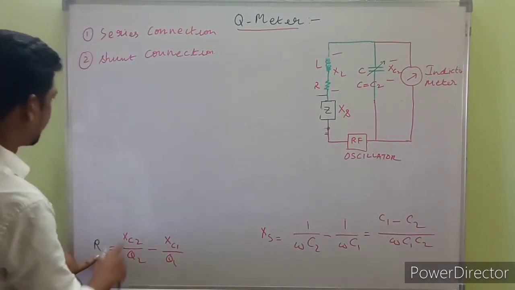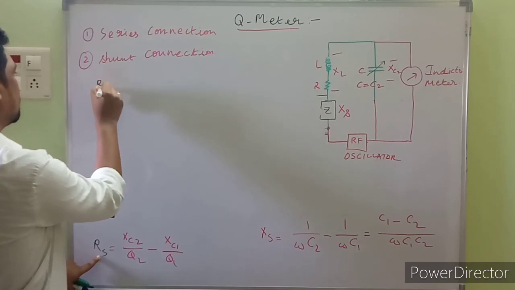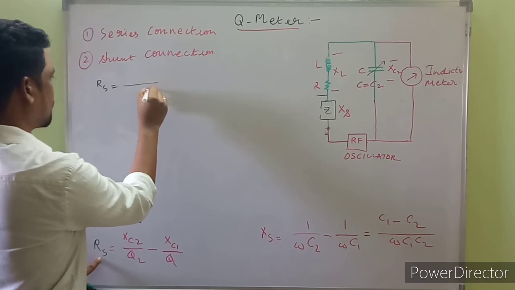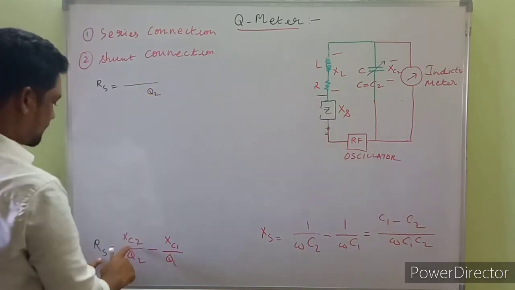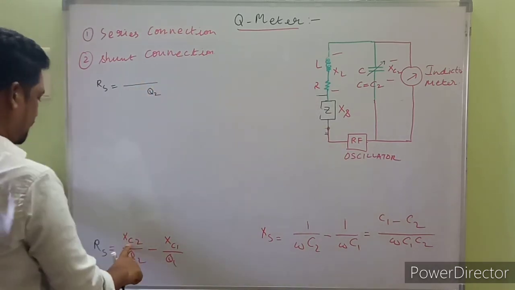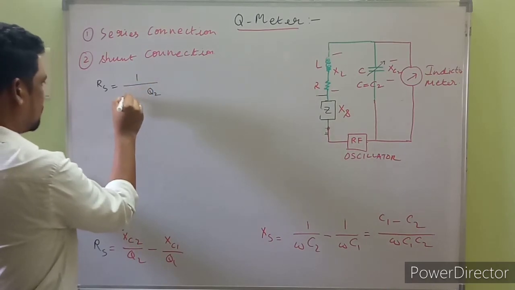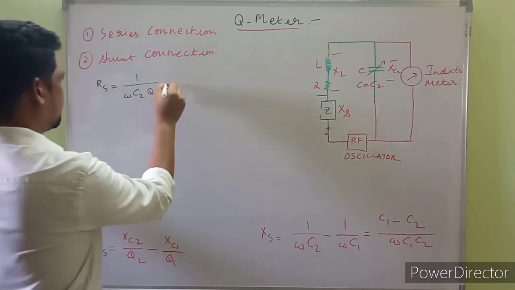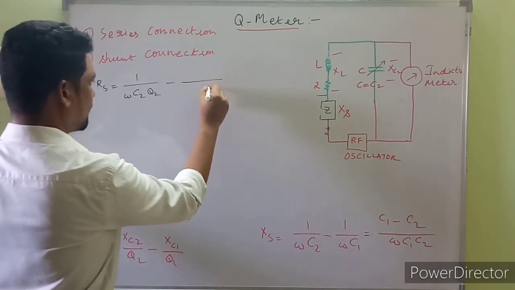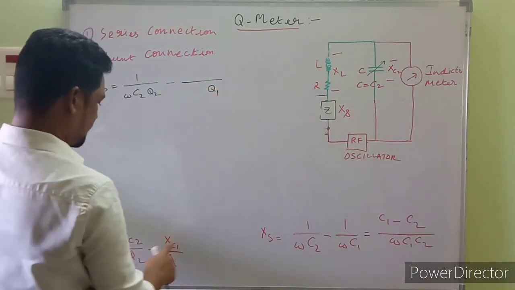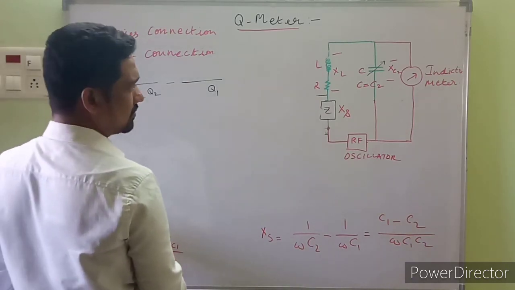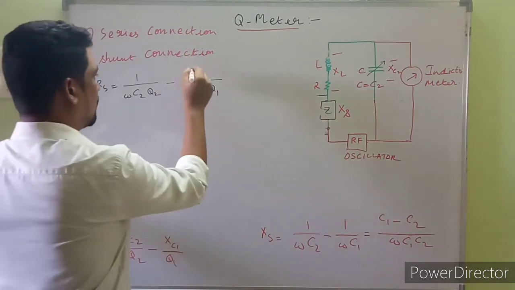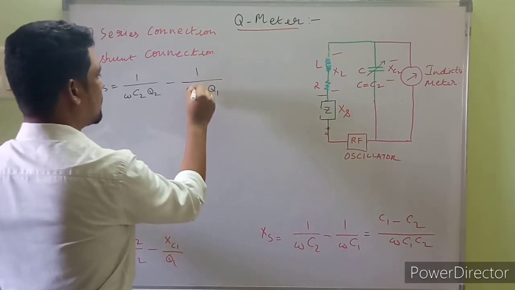Simplifying for RS, what we have is RS equal to 1 upon Q2, as it is in the denominator, XC2 being the capacitive reactance, 1 upon omega C2, minus 1 upon Q1 as it is in the denominator for the second term, XC1 being equal to XL. I've told you how I got XC1, 1 upon omega C1.